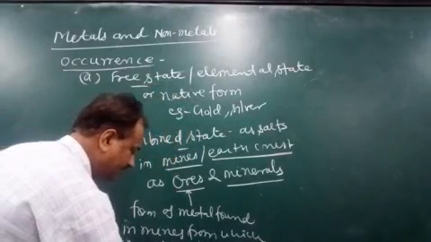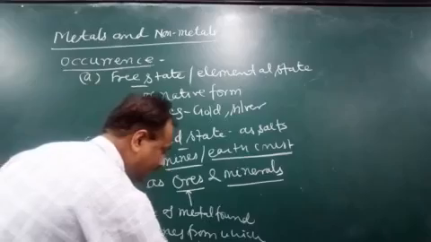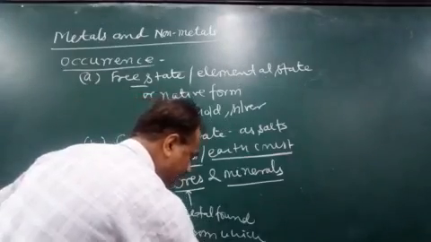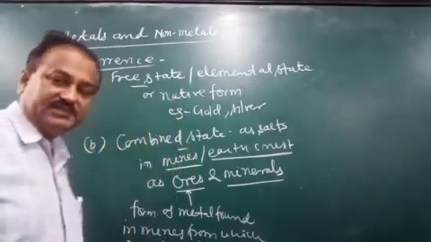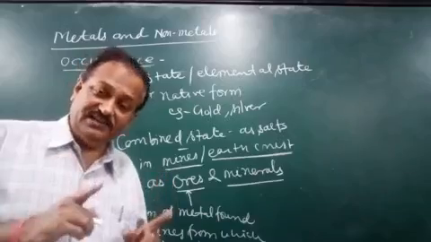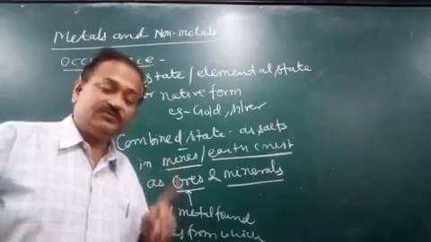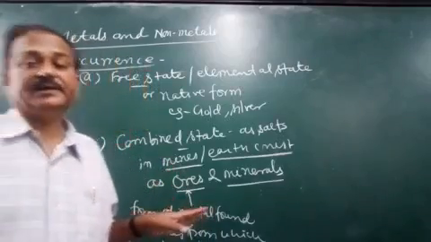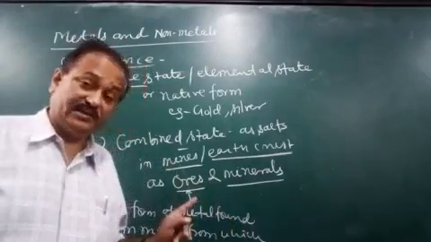So these are the two basic points: ore is a substance found in nature from which a metal can be obtained easily and economically.